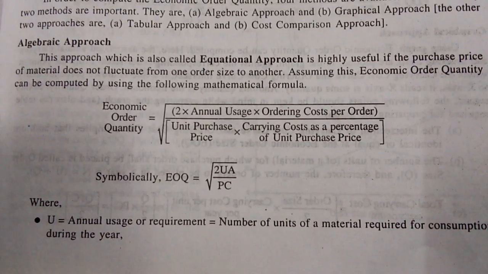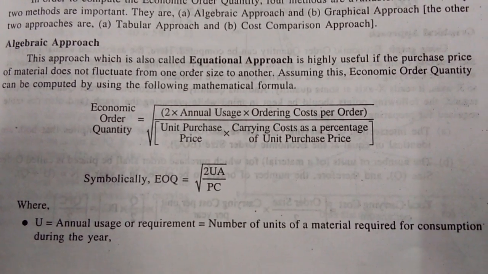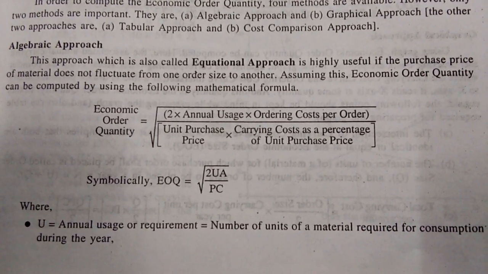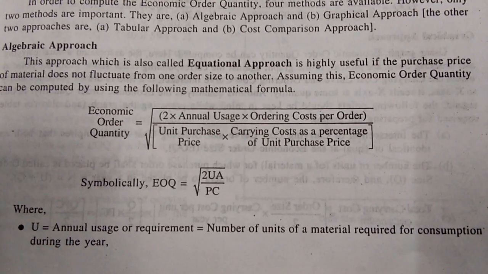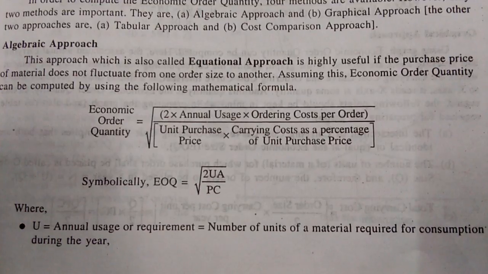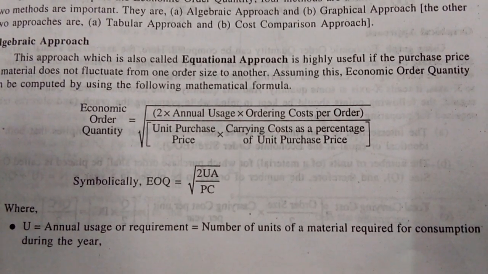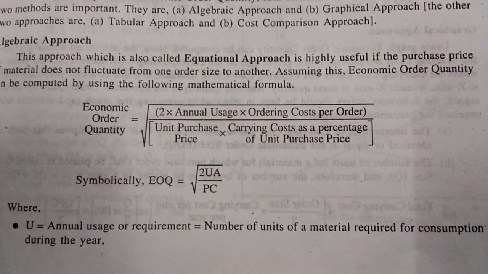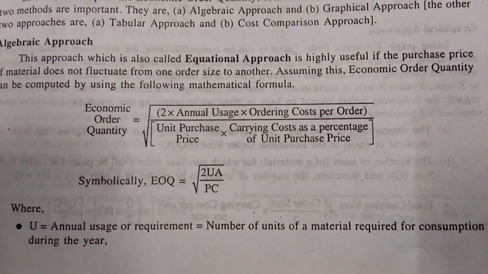So, in the algebraic approach, EOQ equals the square root of 2 into annual usage into ordering cost per order divided by unit purchase price into carrying costs as a percentage of unit purchase price, that is, EOQ equals the square root of 2UA by PC.